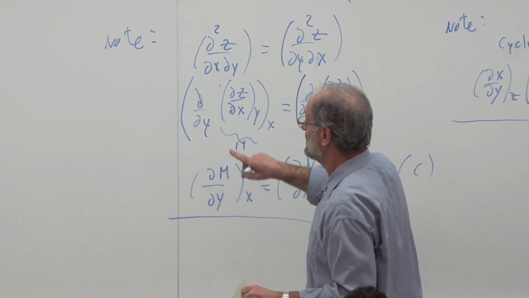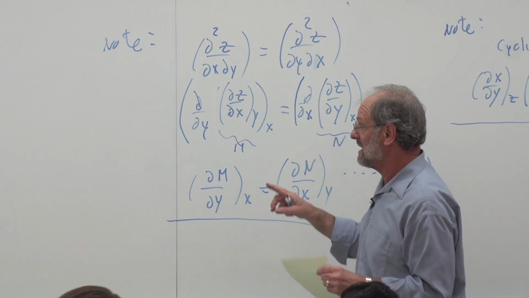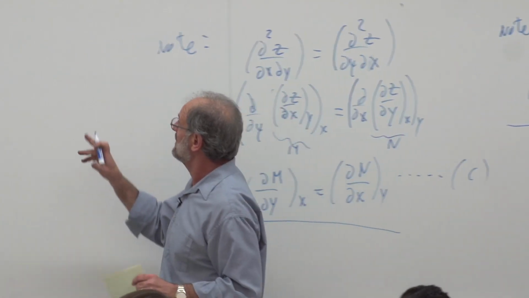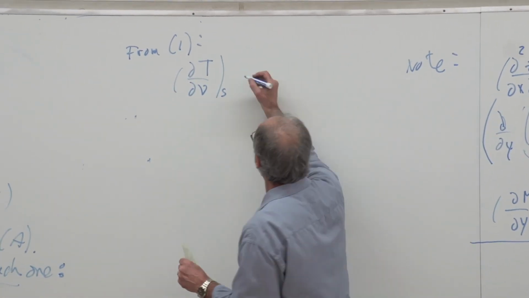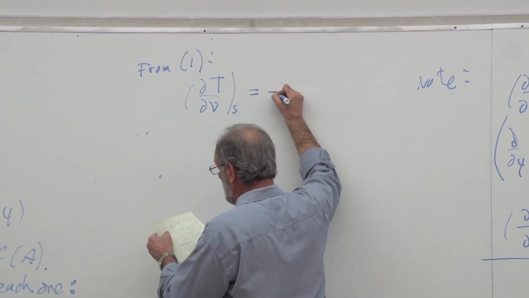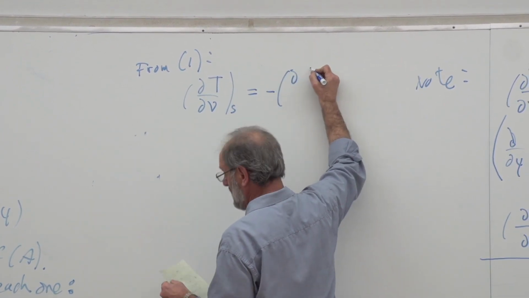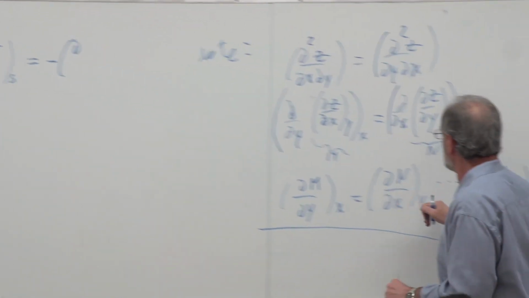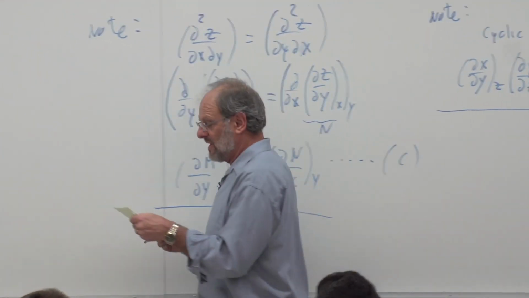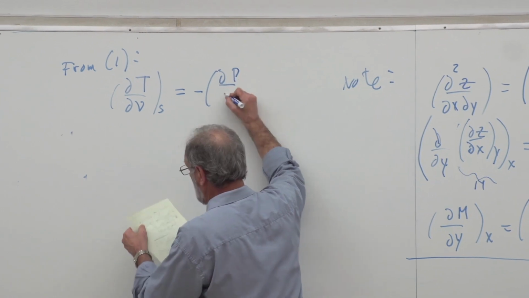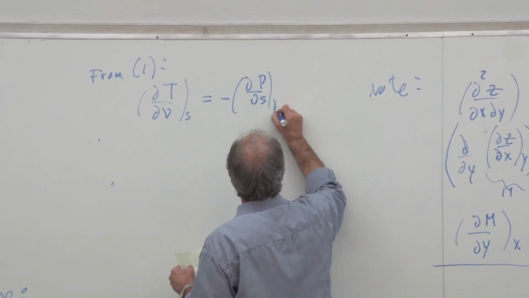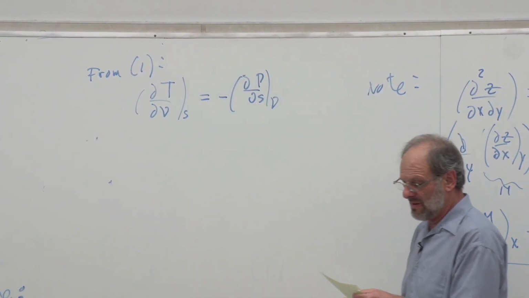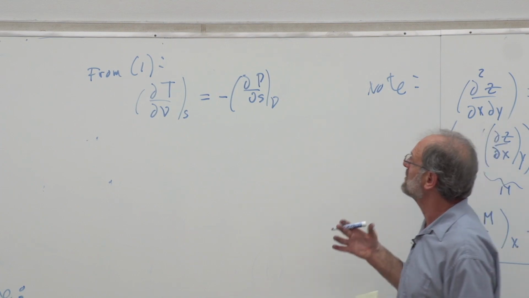And, well, m is the same as t. So we get del T del V at constant S, and this is going to equal the negative of, and now again we have to look at the individual terms. So, you know, here we're comparing x and y and n. So we get minus del P del S at constant V. Okay, so this is the first equation.